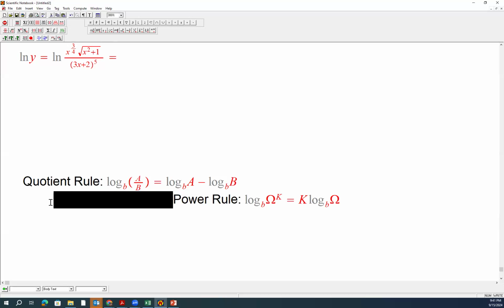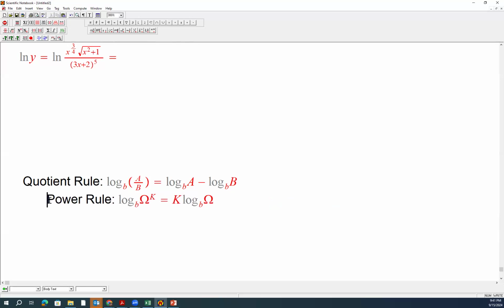Here we only have a quotient rule, so I'm going to write down the product rule. What is the product rule?